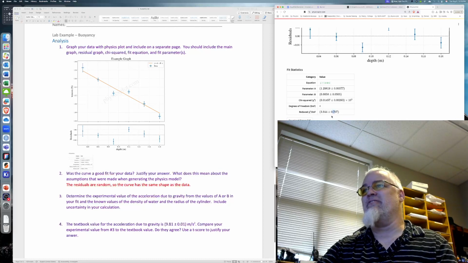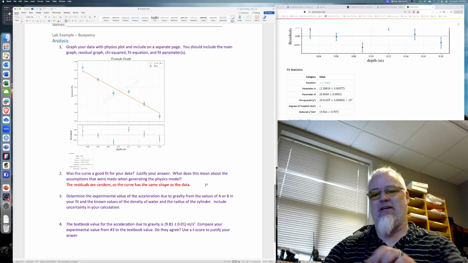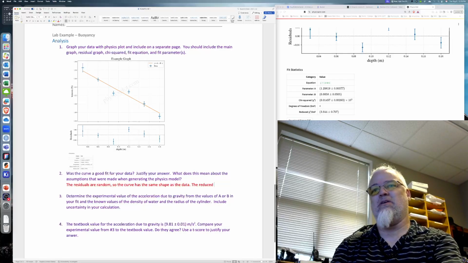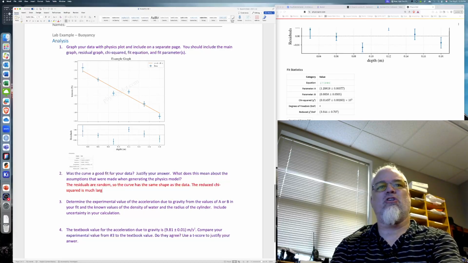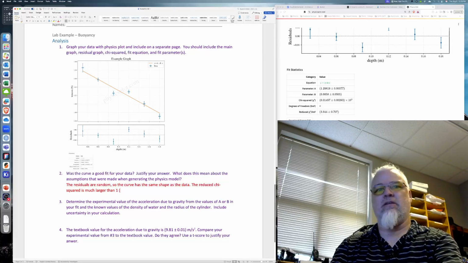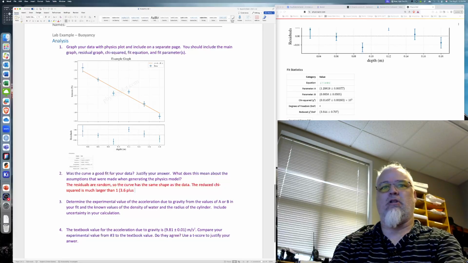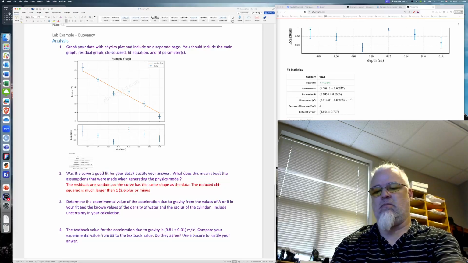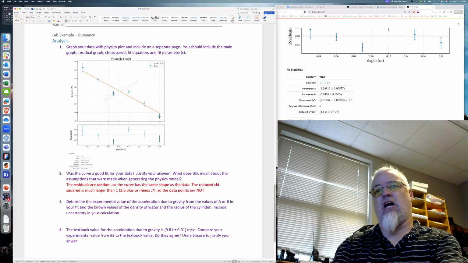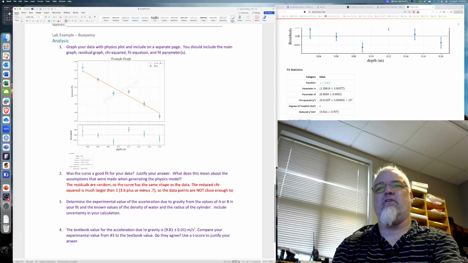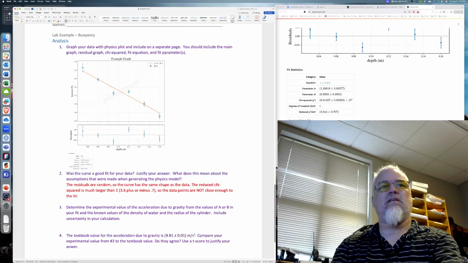So that is very far away from 1. The reduced chi-squared is much larger than 1, 3.6 plus or minus 0.7. So the data points are not close enough to the curve.